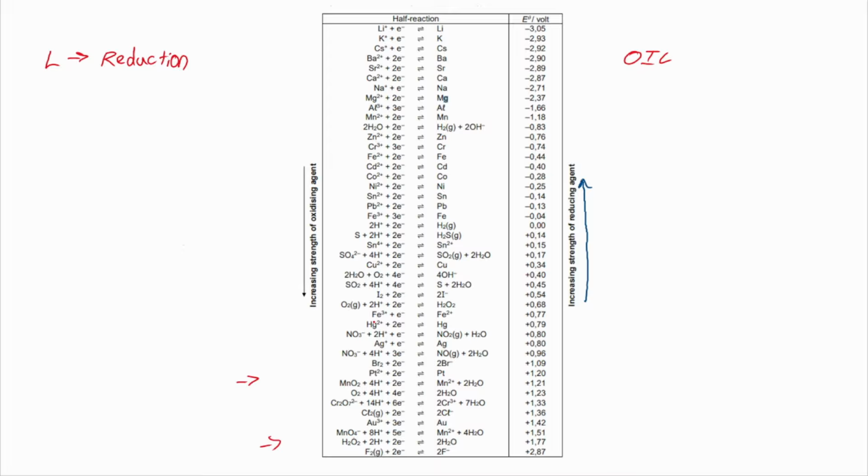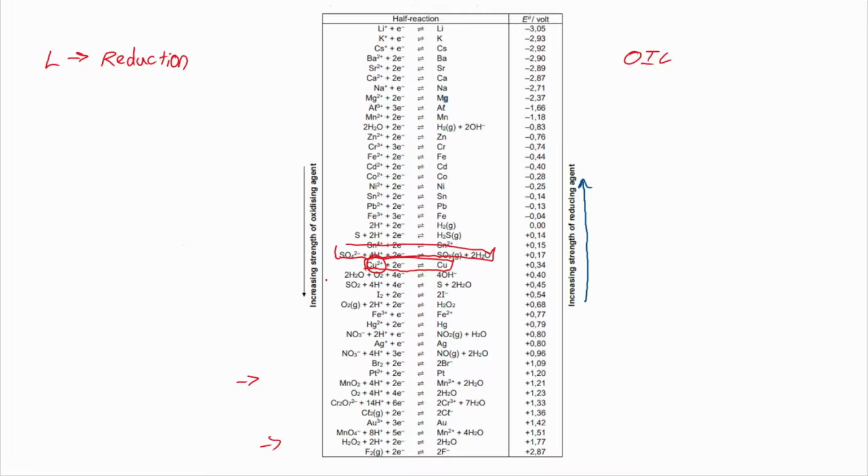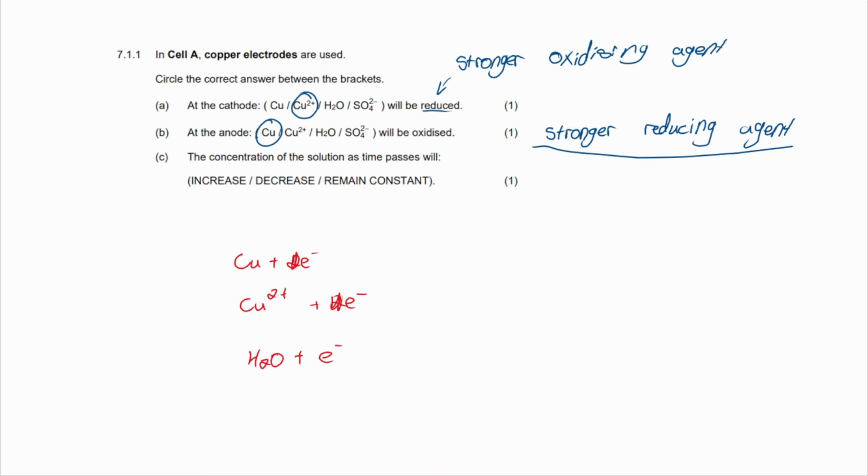O2, remember we're looking for water, copper, or sulfate. Over here you'll see we have this, and that is a stronger oxidizing agent, because remember the strong ones are down here. This shows increasing strength. So that means that copper 2+ ions are stronger oxidizing agents than the sulfate ions, just by a bit. But that means that copper 2+ ions will be reduced. Perfect.